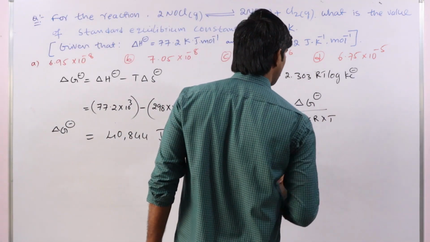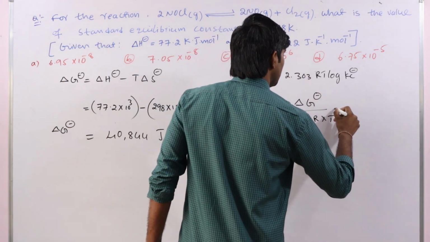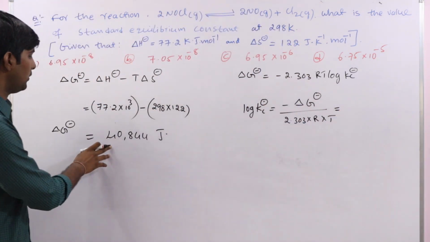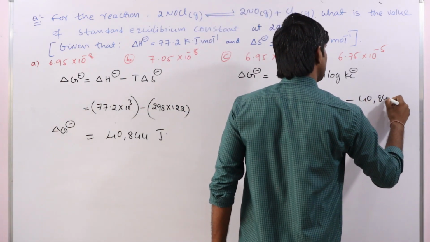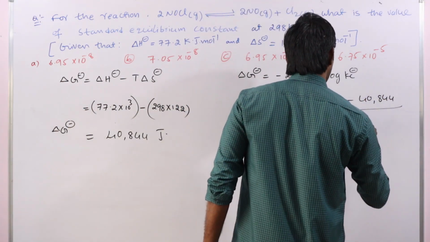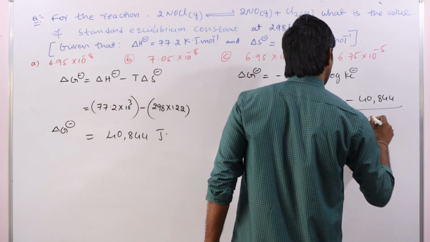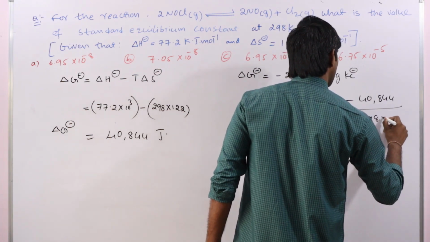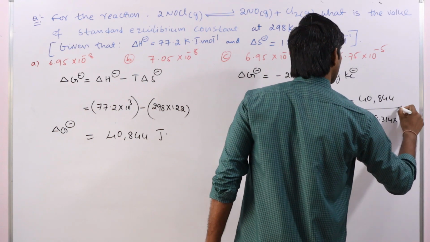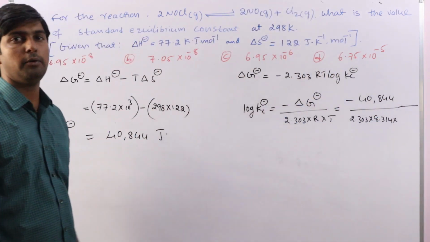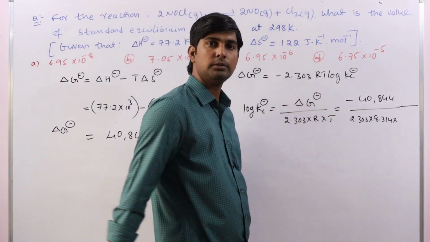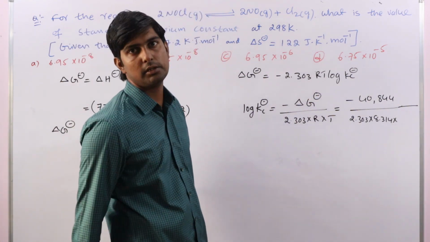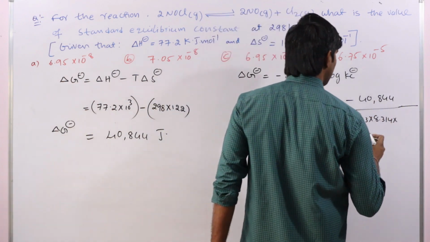Now let us substitute the values here. Delta G naught is 40,844, so minus 40,844 by 2.303. R value we have to take 8.314. You must be very careful while taking the R value also, because delta G is in joules, so R value also we should take in joules, that is 8.314.